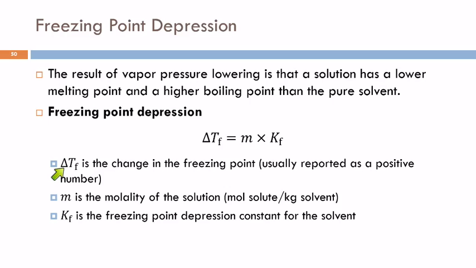So the change in freezing point is generally reported as a positive number because the molality and the freezing point depression constant are both positive numbers. But we understand that freezing point depression means that the temperature goes down.